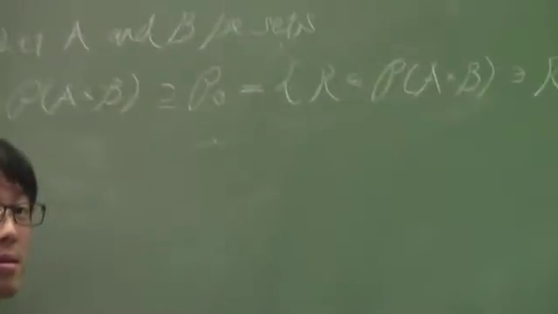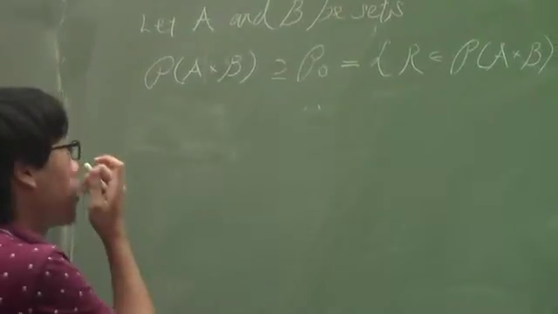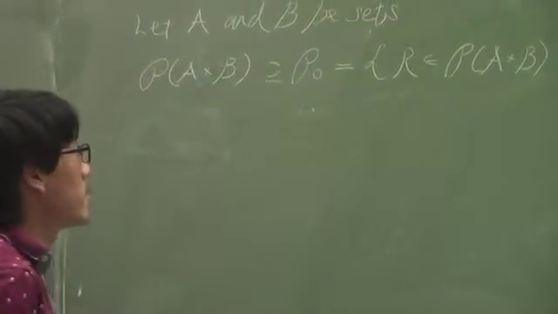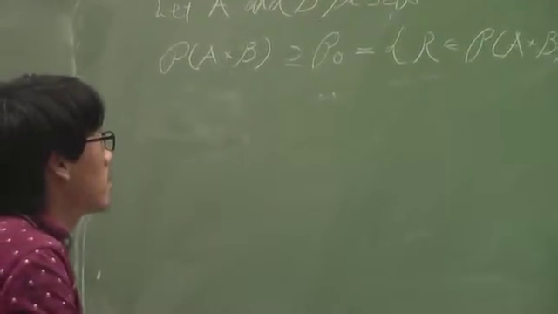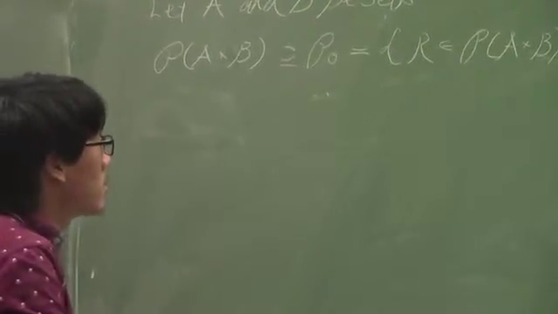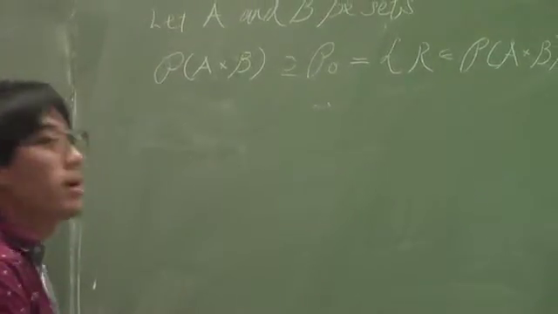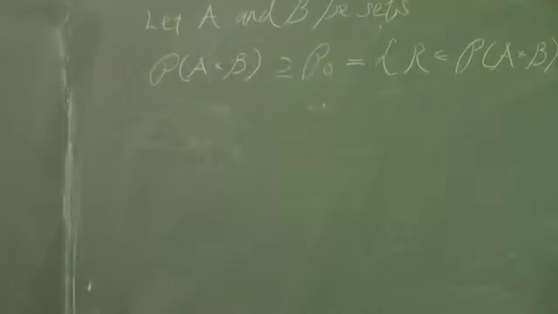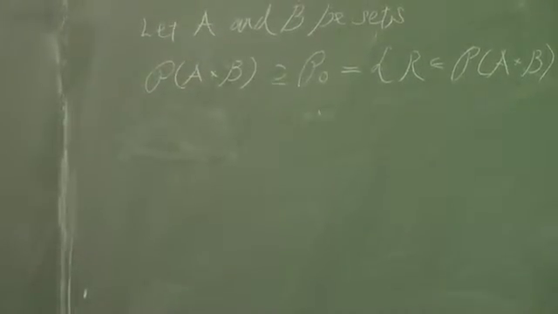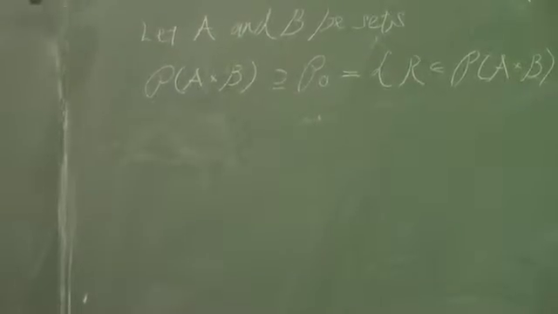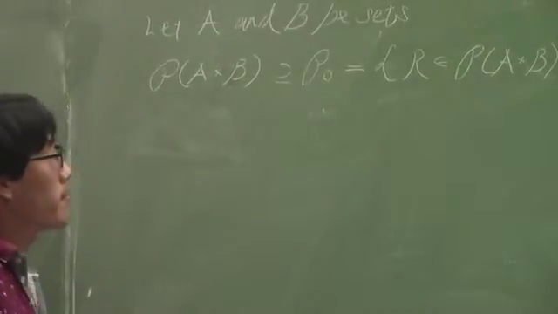And you remember that P of A cross B is partially ordered, right? Any power set is partially ordered by containment, right? So P of A cross B is partially ordered. That means you count from the empty set. The empty set is the smallest and the whole set is the biggest.